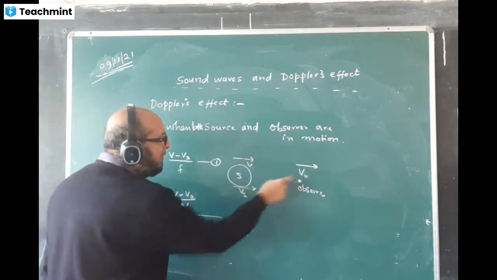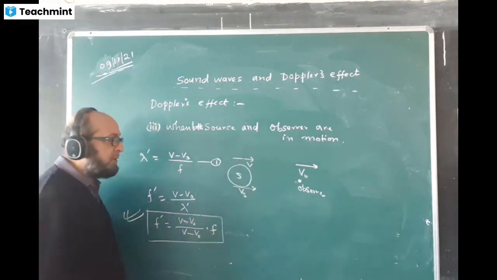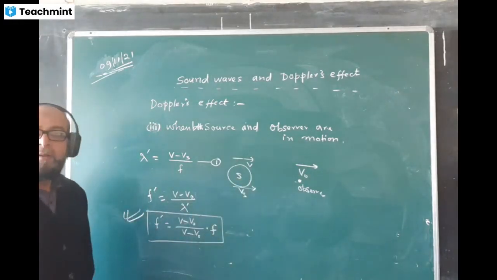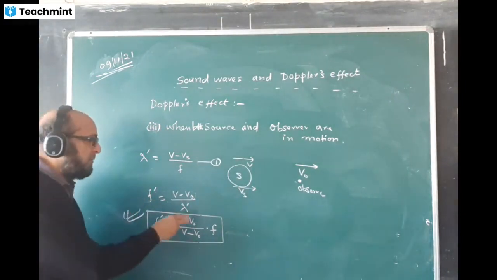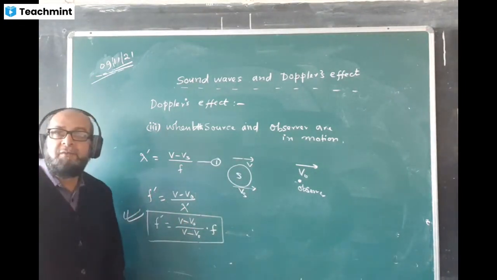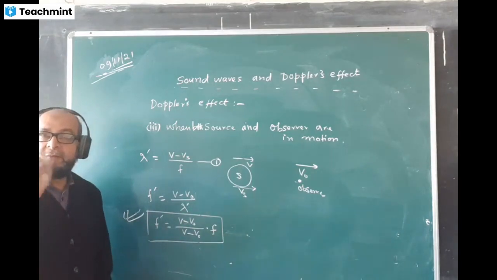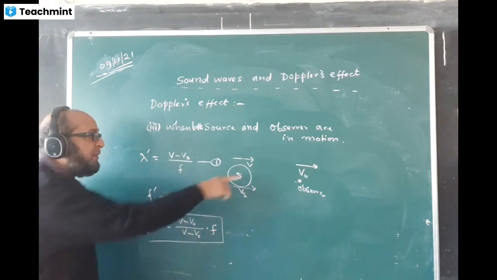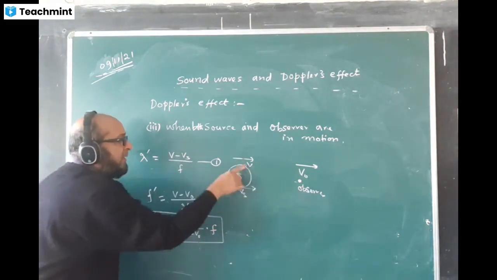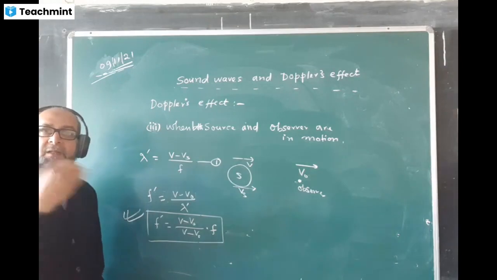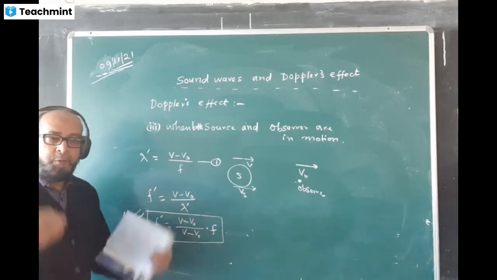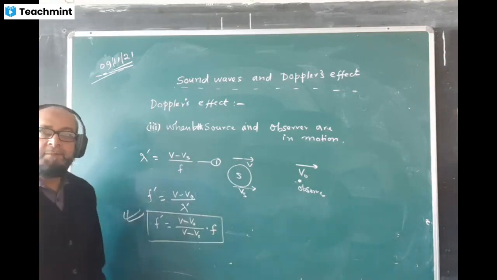That means Vs and V naught can be in the same direction or in the opposite direction. So accordingly, we'll make changes. If they are approaching each other, then the direction of velocity will change, and you have to take the negative sign out. I have taken all the cases with V naught in the same direction as V and Vs; that's why the minus sign is coming. If they are approaching each other, then the sign will change and become plus.